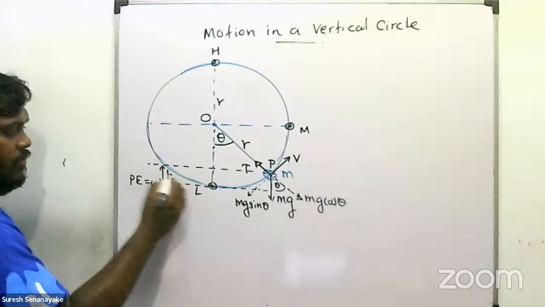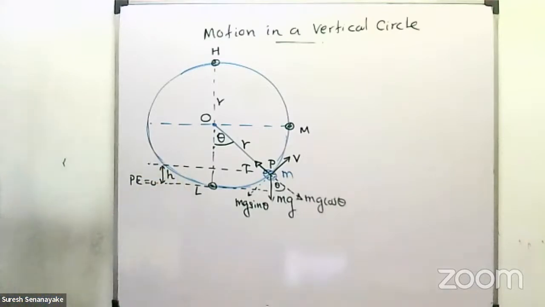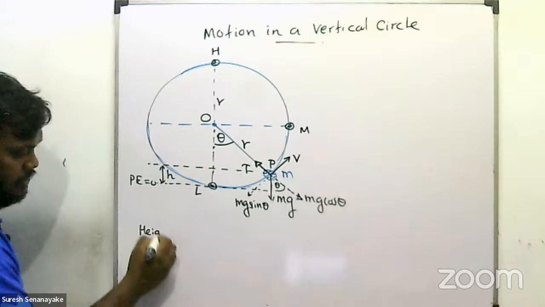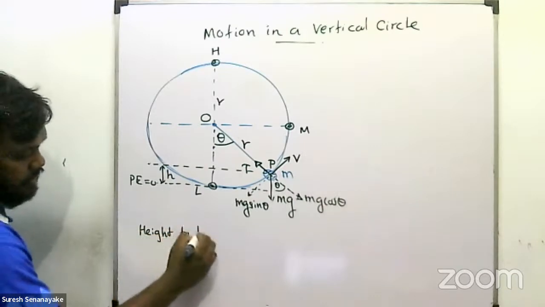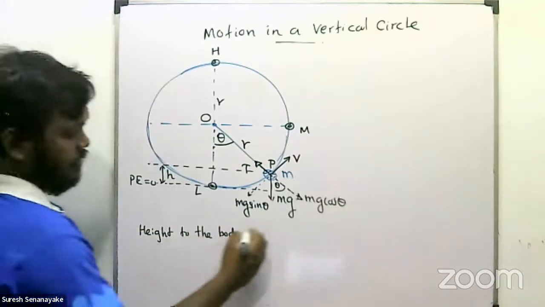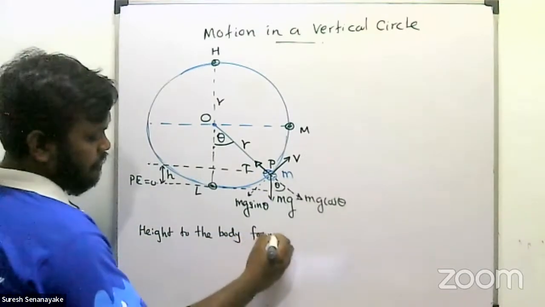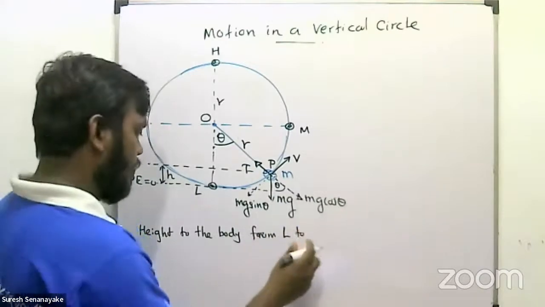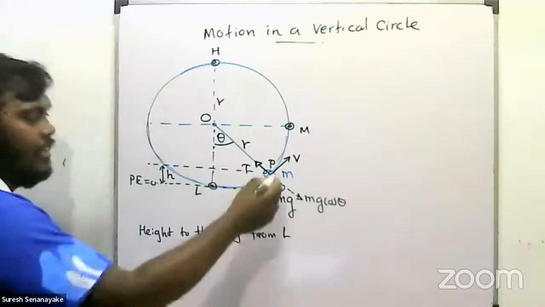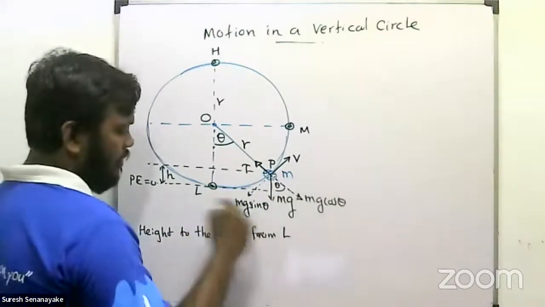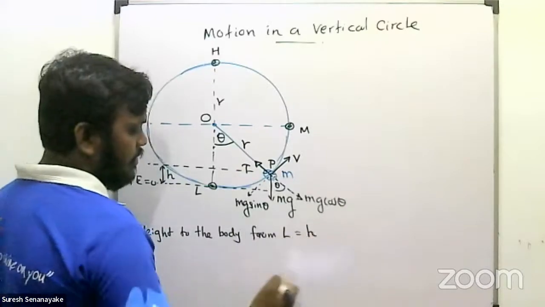That we can also find. h is the height of the body from L, at this position, point P.